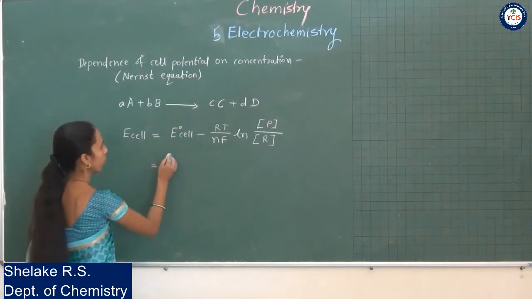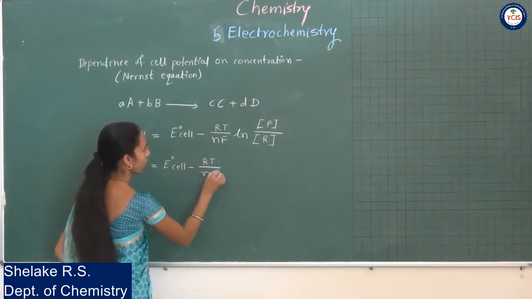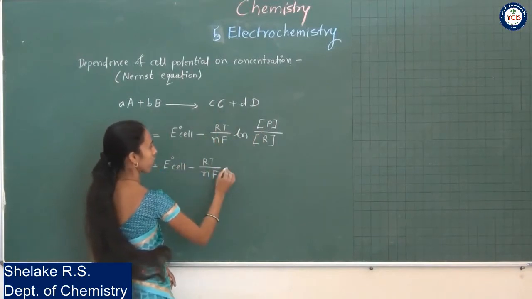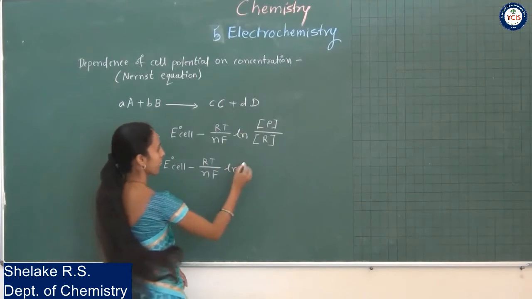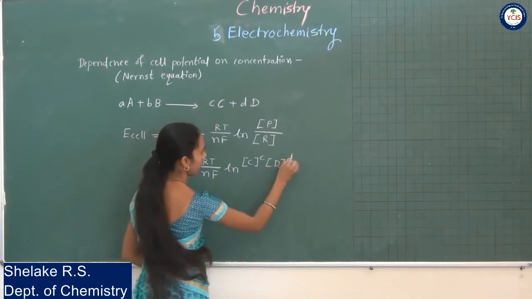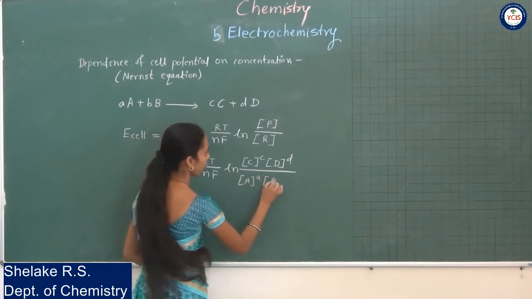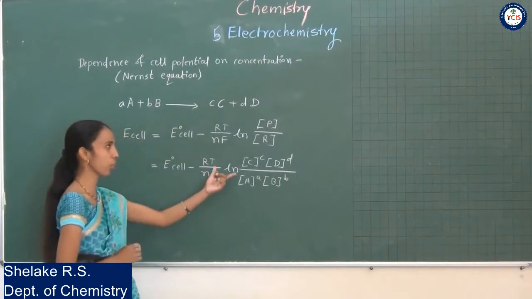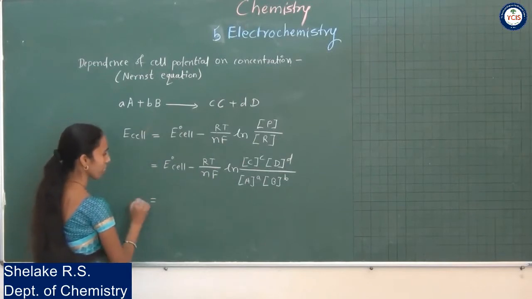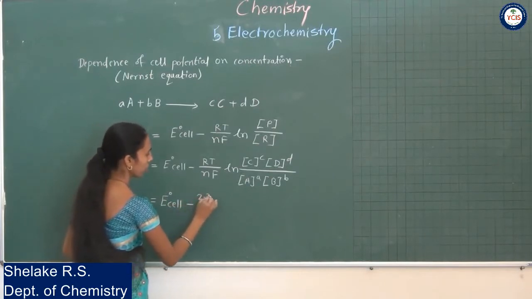So the formula is E0 cell minus RT upon NF ln of the concentration of product over the concentration of reactant. For the reaction A plus B gives C plus D, we write the concentration of C and D divided by the concentration of A into the concentration of B. Here we have taken the natural log; we can convert it into log to the base 10 by multiplying with 2.303.